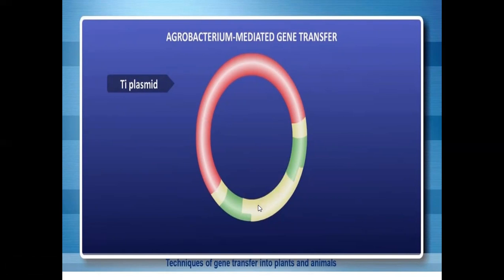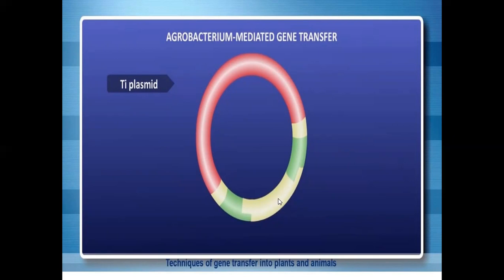The inserted tDNA contains termination genes, promoter genes, and marker genes. The termination genes mainly help in identification of the terminal parts of the target DNA.